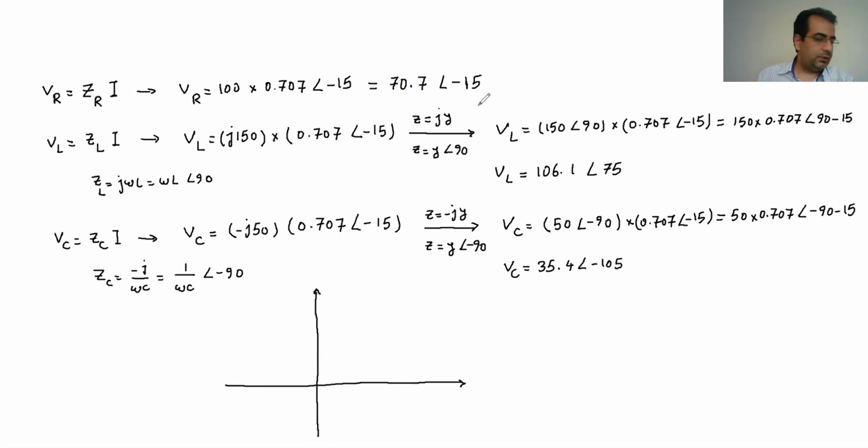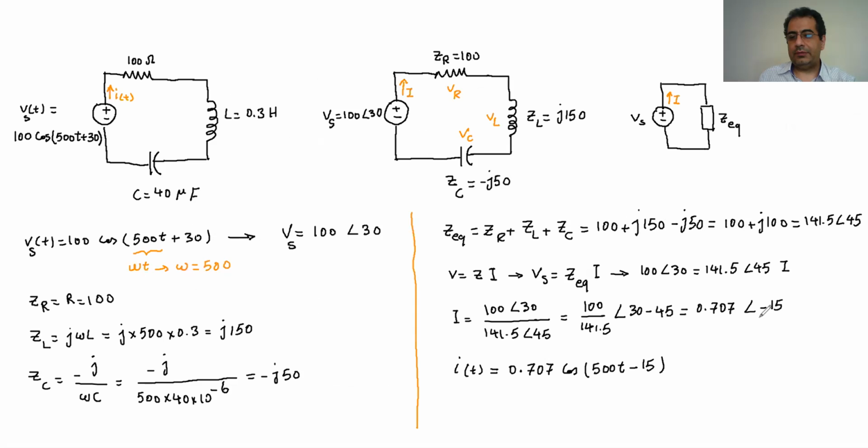The very first one I'm going to draw is the I. The magnitude is 0.0707 with an angle of negative 15. So that's the very first thing I'm going to draw.